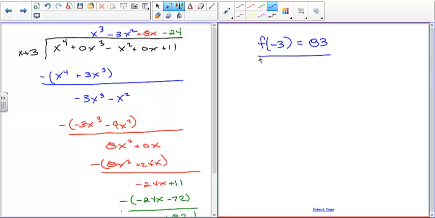So you can use the remainder to know what the value of the function is at the value corresponding to this factor. So that's what I was looking for. I decided not to take off for that, but I did talk about it in the review.